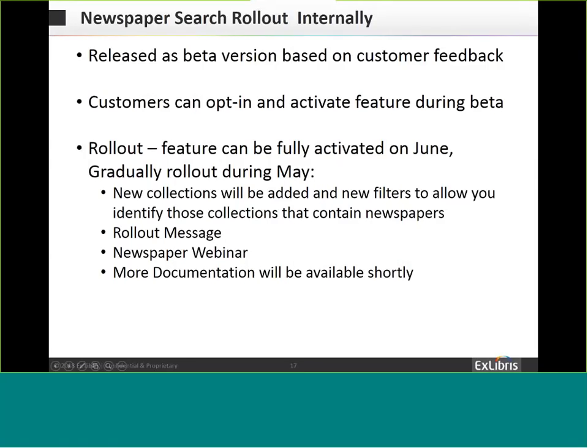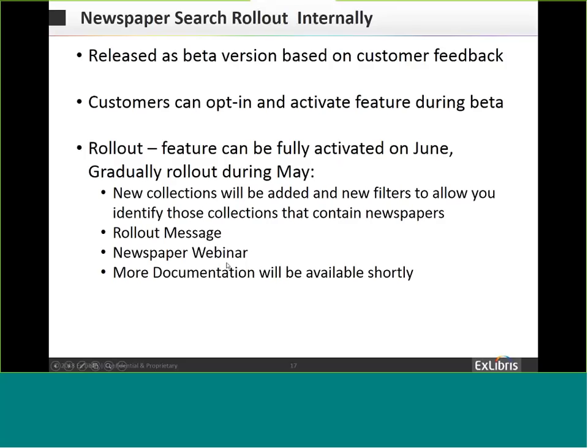And in terms of the rollout, since there is a cross-product rollout to support the newspaper here, we will see the feature gradually rolled out for registration or for the content to add more material. We will be able to opt in to this feature starting in June, and we will do a rollout message for that, and a dedicated webinar for the newspaper.